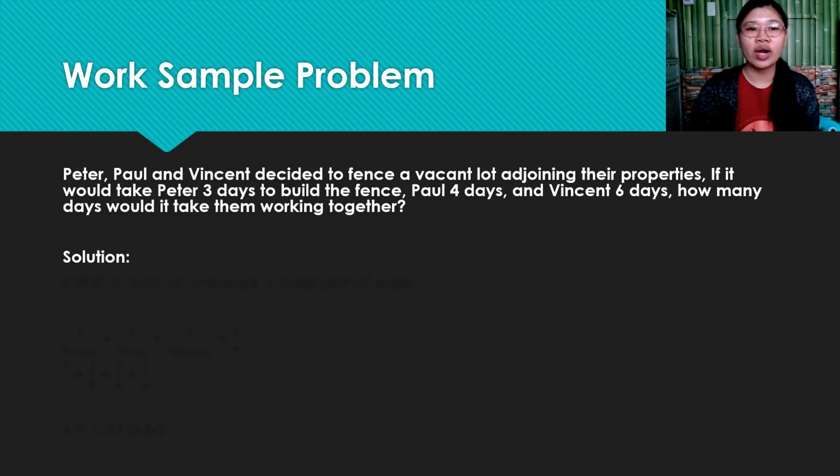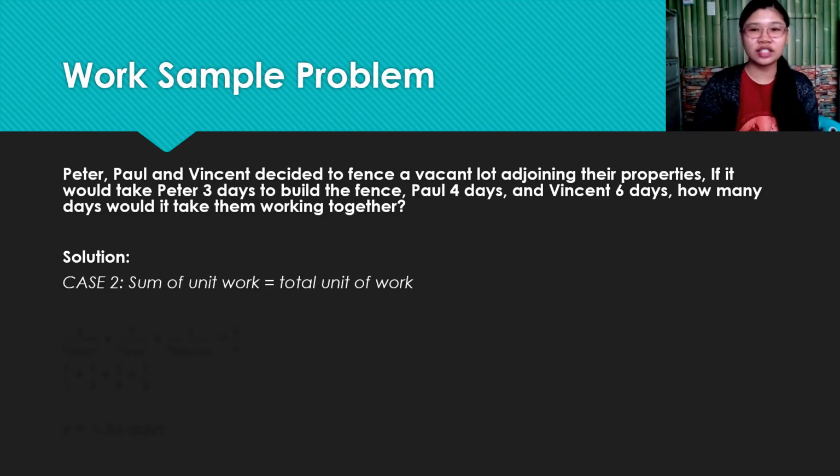For our solution, first we think of what is the most appropriate case for this problem. The most appropriate case is case number 2: the sum of unit work is equal to the total unit of work. Why?